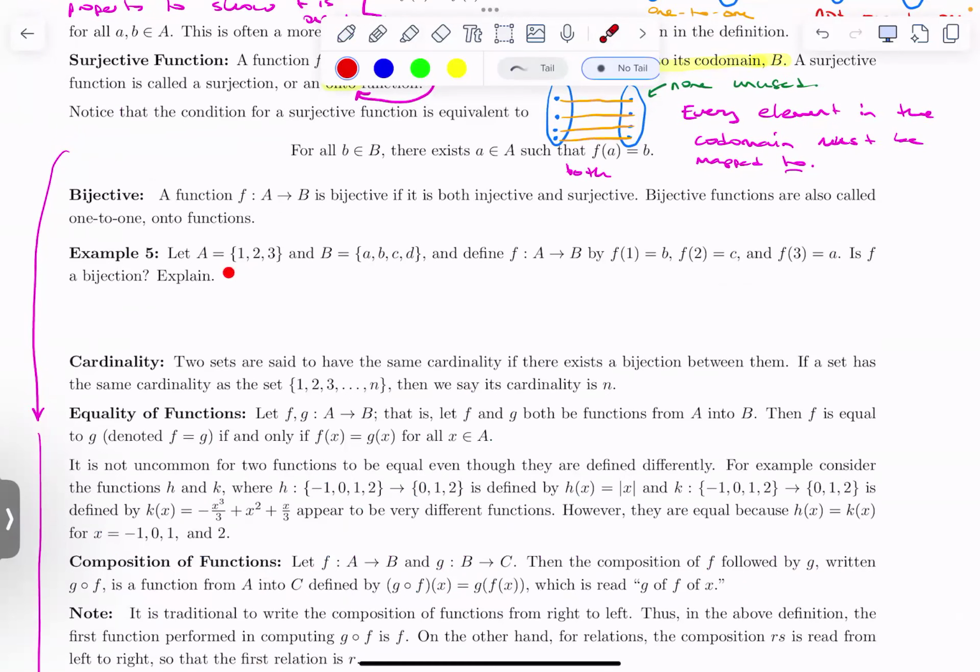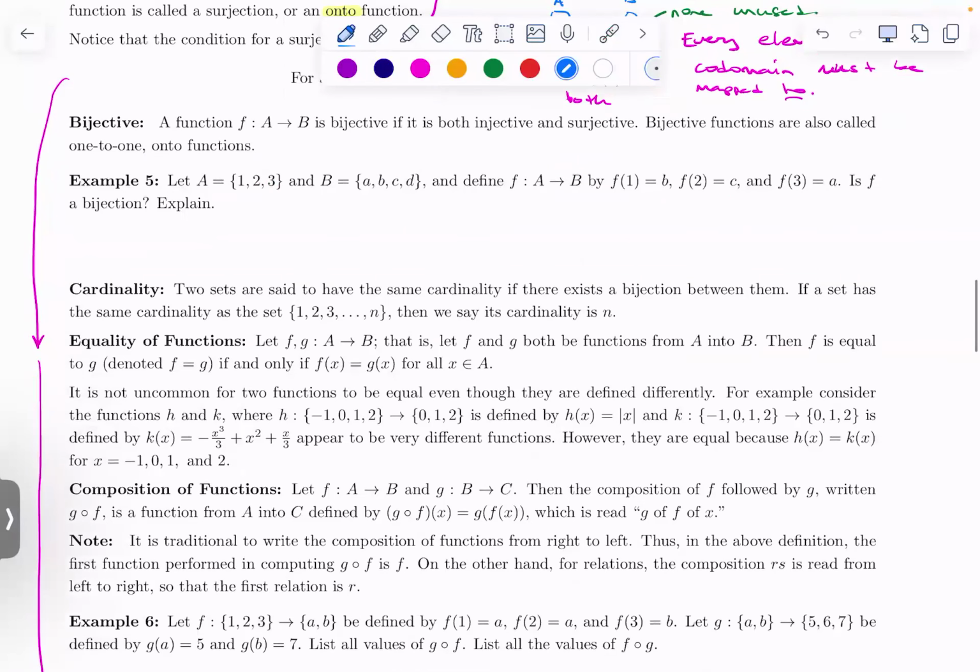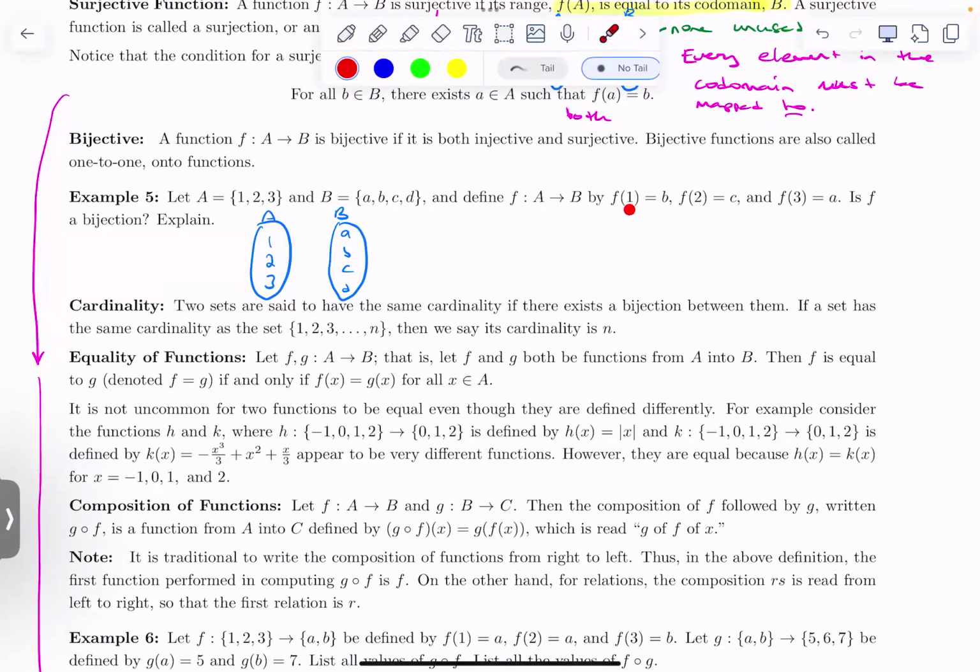Let's do this example. If A is 1, 2, 3, and B is a, b, c, d, and we define f from A into B by f of 1 is b, f of 2 is c, f of 3 is a, is f a bijection? Well, let's see. We can still use our little beans here. If I give it an input of 1, I get an output of b.